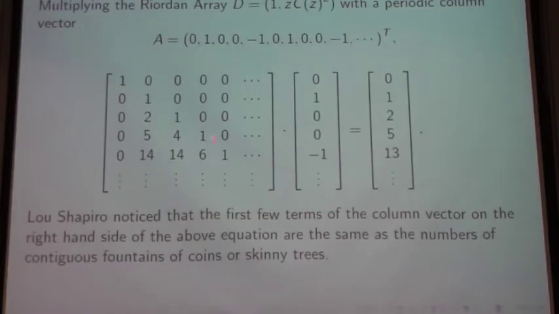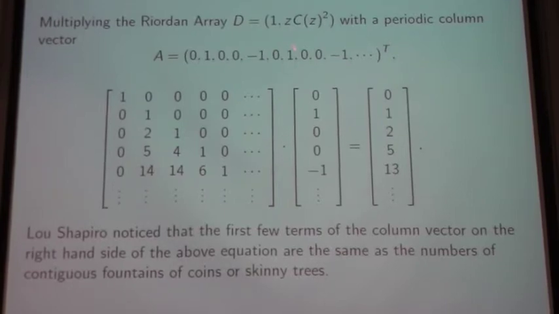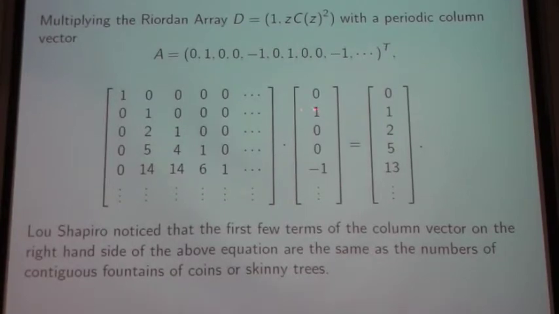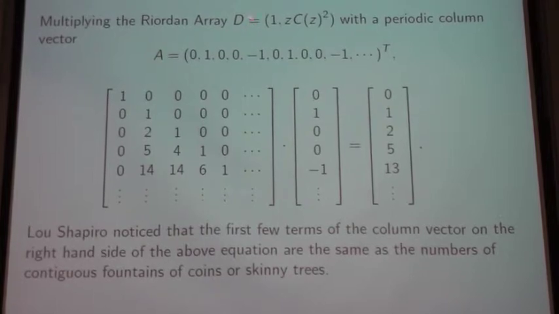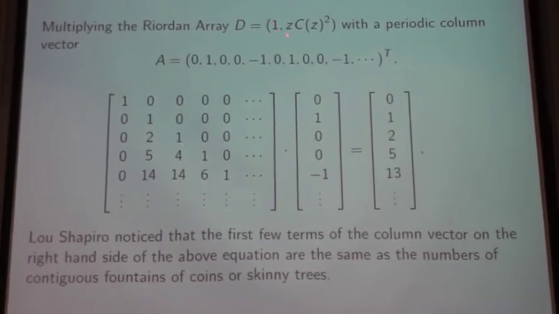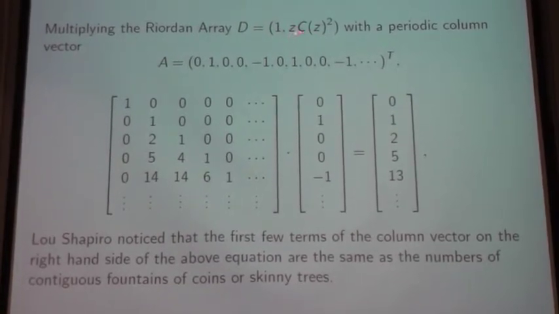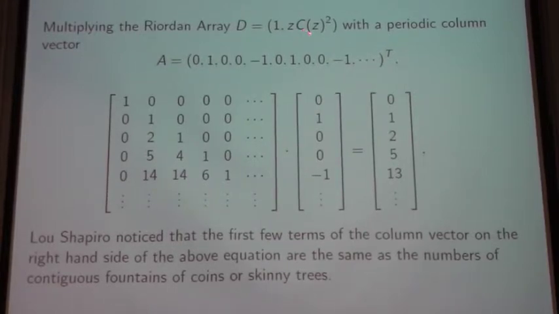And now, Lucia Field applied this to a reordered array D, where the G function is 1, and F is Z times C of Z squared. Here, C represents the Catalan generating function. Okay?